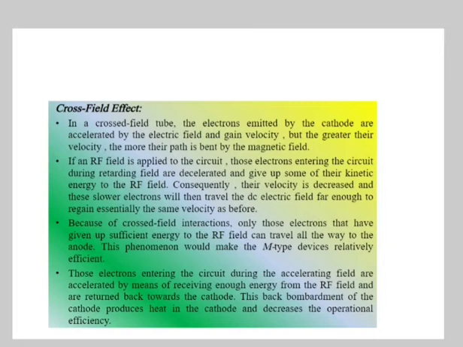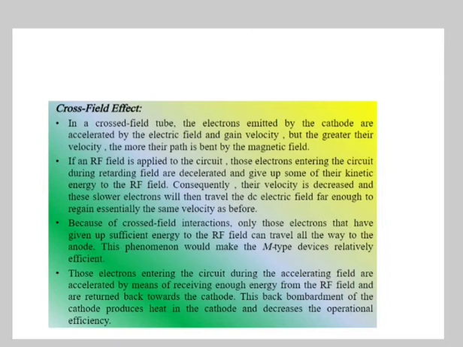If an RF field is applied to the circuit, those electrons entering the circuit during the retarding field are decelerated and give up some of their kinetic energy to the RF field.